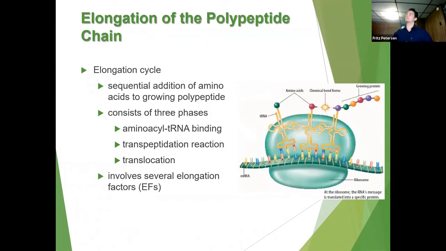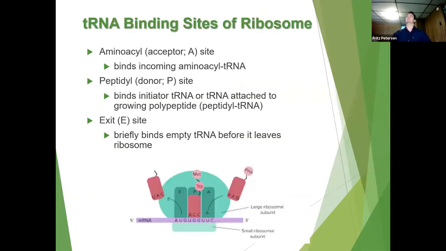So again, as a reminder, GTP is what provides the energy for these reactions. And then note that once this tRNA moves out, it will leave behind its amino acid, and that is how the structure forms.